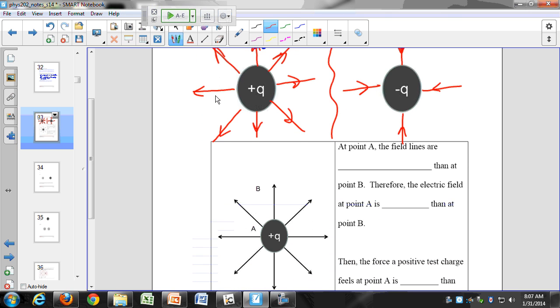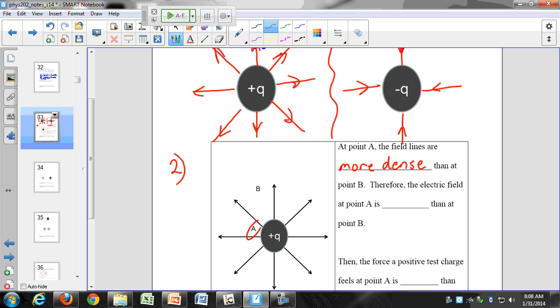Now for rule 2, which had to do with the density of the lines, here I have a charge with 2 points A and B, and at point A, the field lines are more dense than at point B. That just means they're closer together.